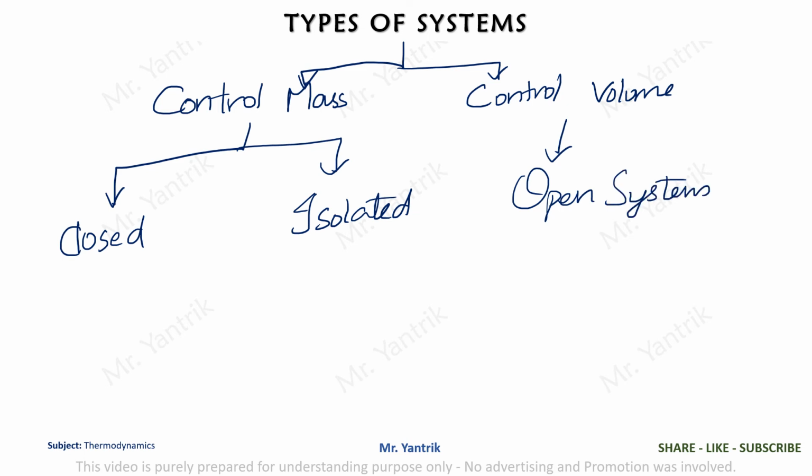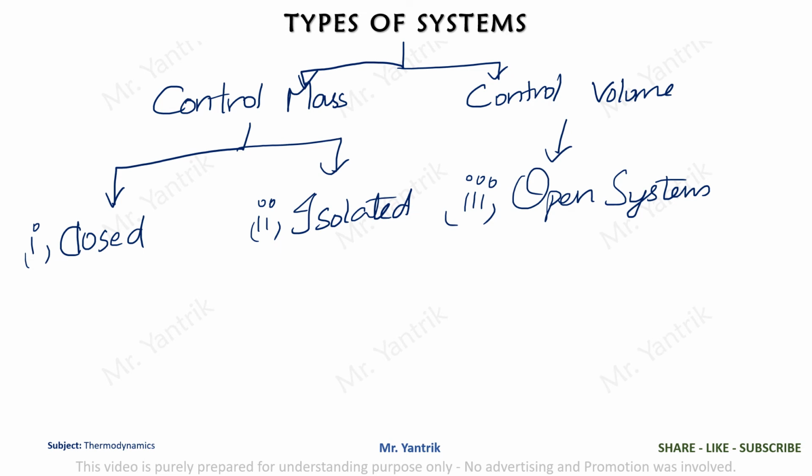So there are basically three types of systems: open system, closed system, and isolated system. Closed system and isolated system come under control mass, where the mass is constant. And open system can be categorized under control volume, as volume is constant over there, but mass exchange might happen.